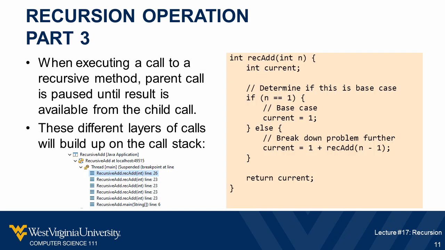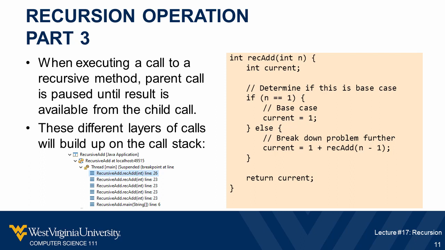So as you saw on the previous diagram, when we place a call to a recursive method, and that method has to place a recursive call to solve part of the problem, execution on that original call is paused until it gets the result back from the child call.